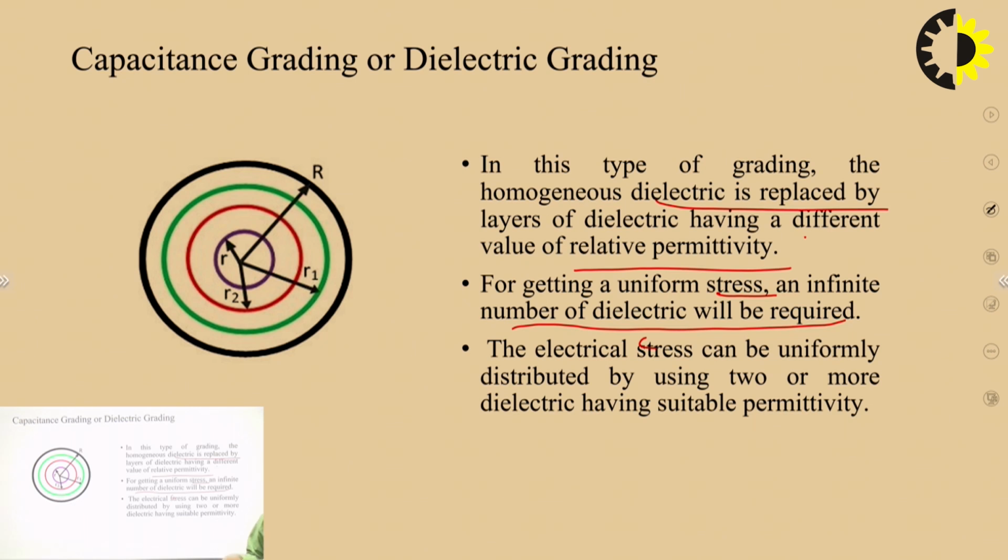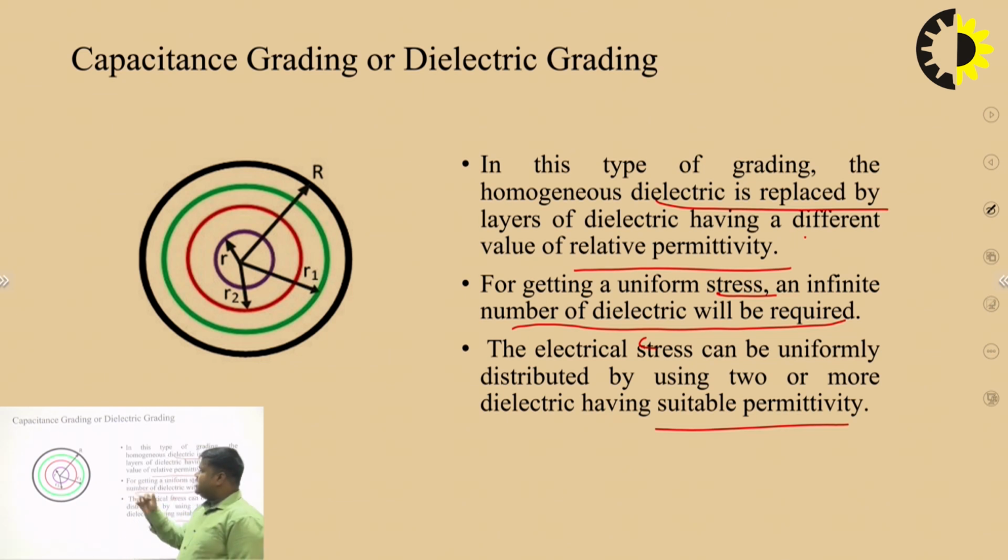The electric stress can be uniformly distributed by using two or more dielectrics having suitable permittivity.